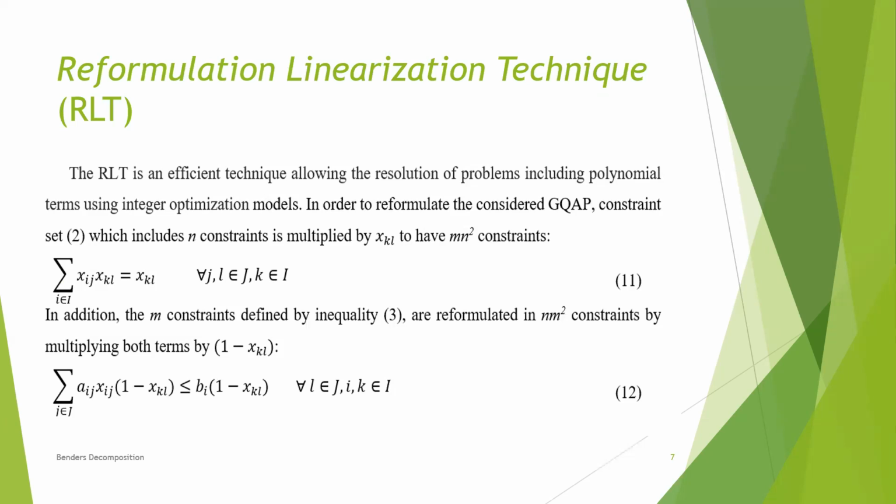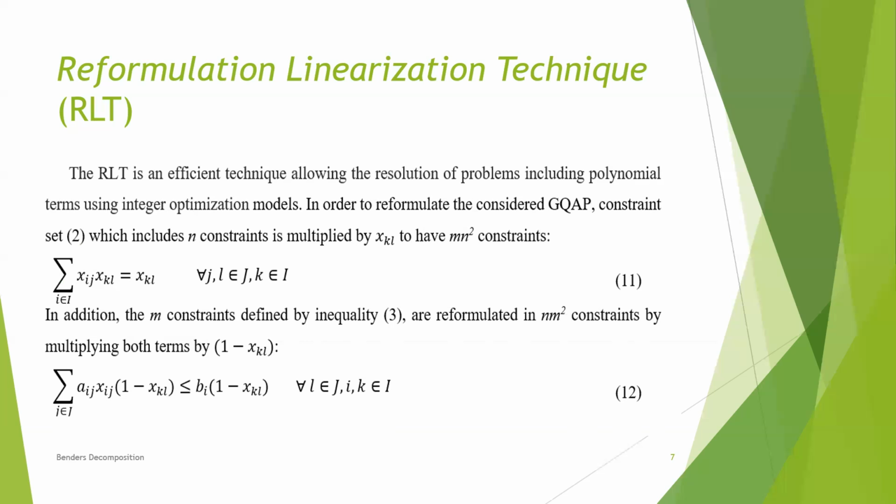The constraint number 2 was the assignment constraint. We can multiply both sides of the constraint number 2 by a non-negative variable xkl. Therefore, we can define a new variable and a new constraint named constraint number 11.